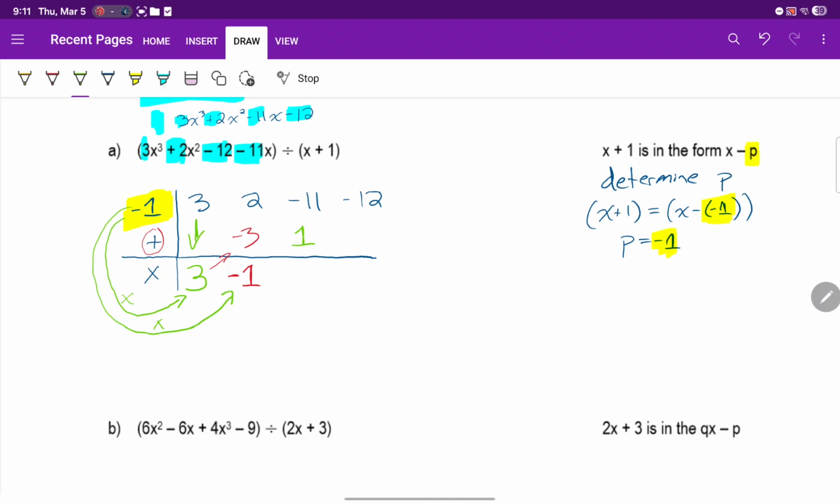So -11 plus 1 is going to give me, excuse me, -10. As soon as I write a number down here, I multiply it by my -1, and I get 10, and I add these two to get -2. Okay, that process is over.